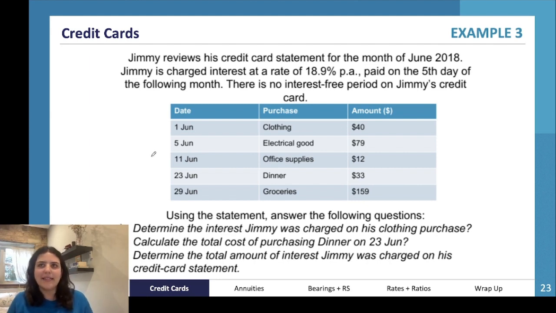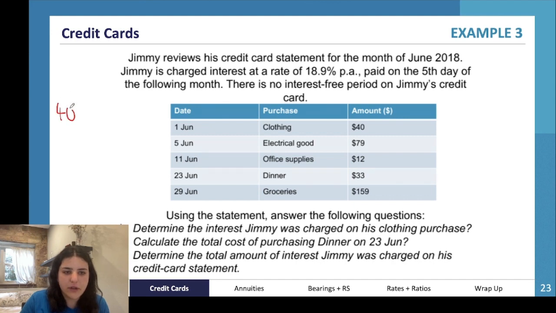Using the statement, answer the following questions. Determine the interest Jimmy was charged on his clothing purchase. So we'll do that one first. It is paid on the 5th day of the following month. So he paid $40 for clothing. The rate is 18.9% per annum.